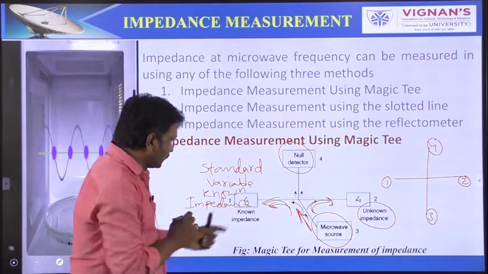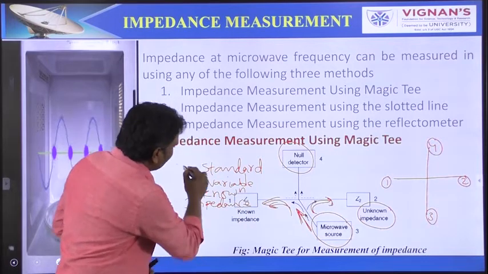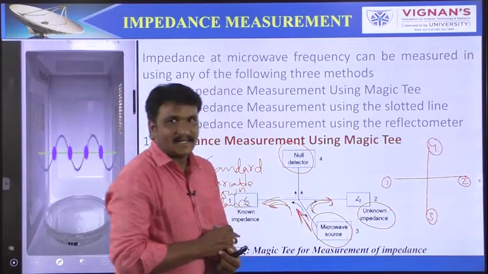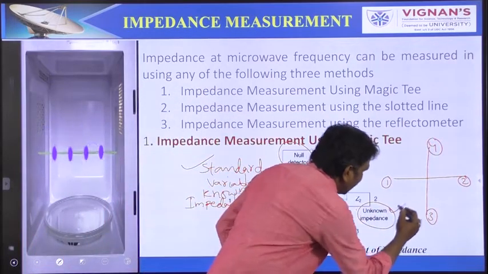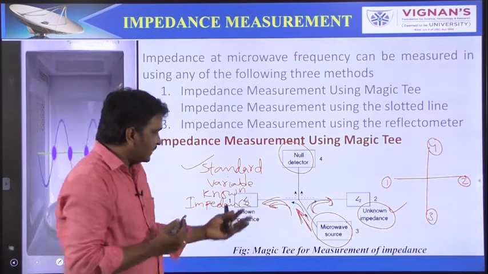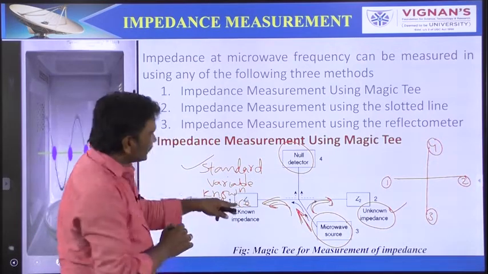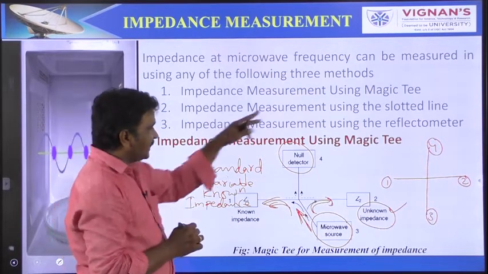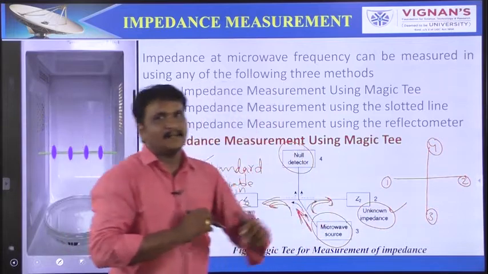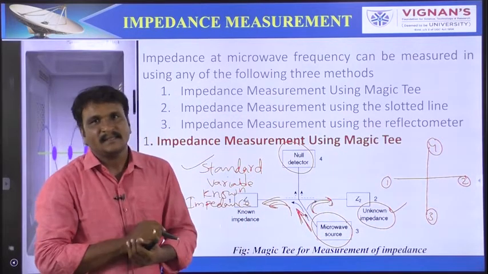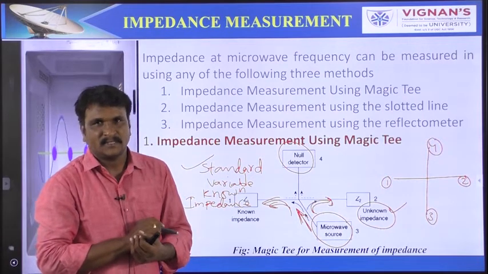In the first port, we can observe the standard variable known impedance. At the second port, we can see the unknown impedance. Whatever impedance is present at the first port, the same impedance exists in the second port also. So, both the impedances are equal, right?